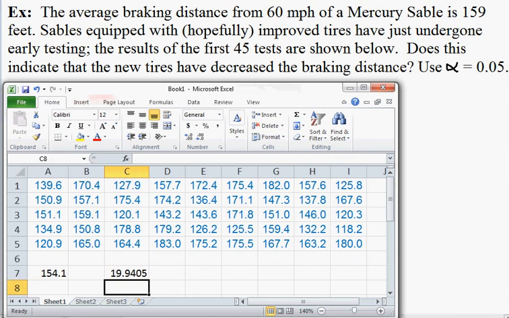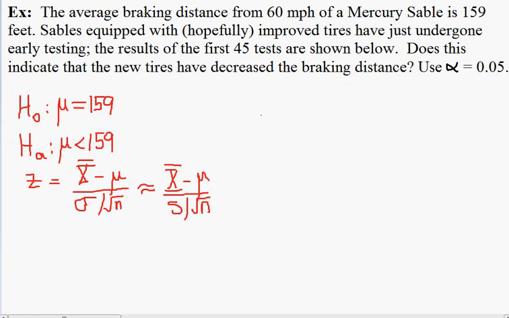Okay, so using those numbers, we have that this is equal to 154.1, that is our sample average, minus the population average under the null hypothesis, which is 159, divided by the sample standard deviation of 19.9405, divided by the square root of n, which is square root of 45.